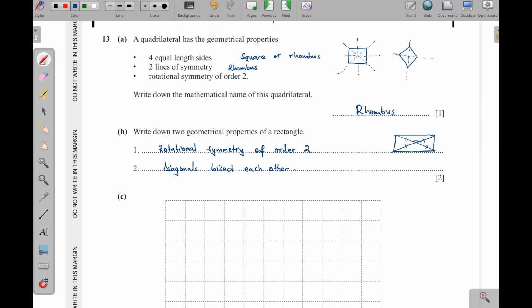And they don't meet at 90 degrees. This might be another property, but let me just add it. But the diagonals for the square meet at 90 degrees. Even the ones for the rhombus meet at 90 degrees. You see that? Okay, let's go to C.